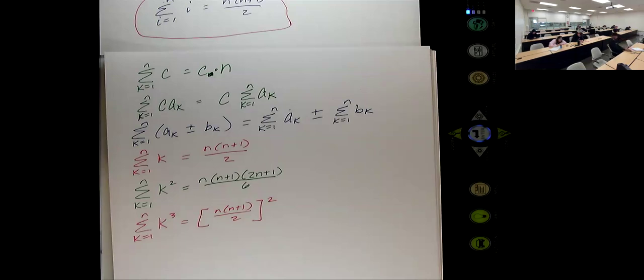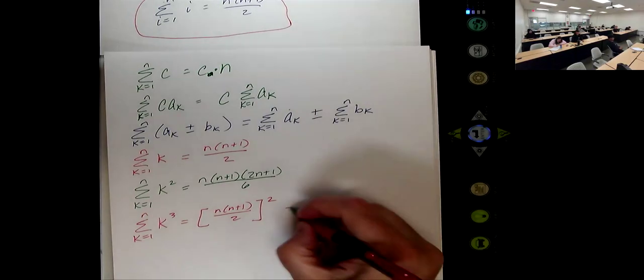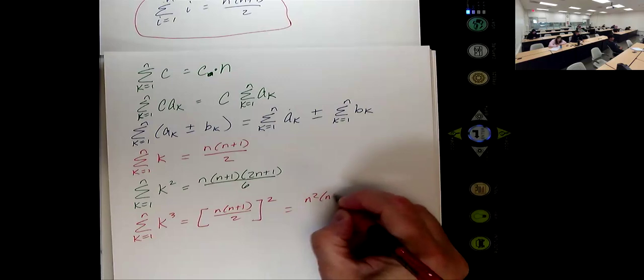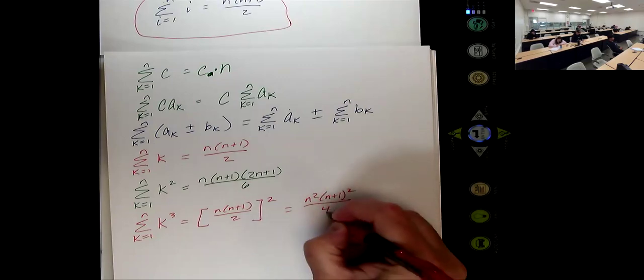I bet it is done with integrals and derivatives. So this is kind of like N squared times N plus 1 squared over 4 if you wanted it in a different form.